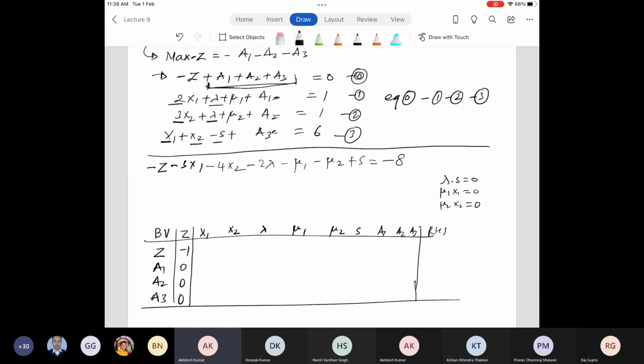So we will initialize minus 3, minus 4, minus 2, minus 1, minus 1, 1, 0, 0, 0, right hand side minus 8. Rest of the values are 2, 0, 1, 0, 3, 1, minus 1, sorry, plus 1, 0.